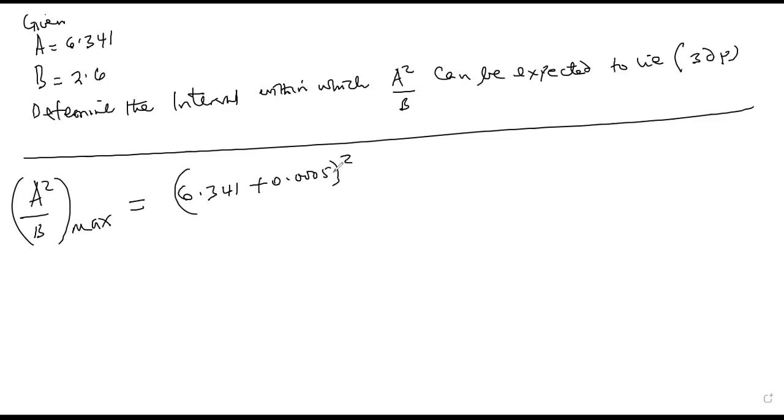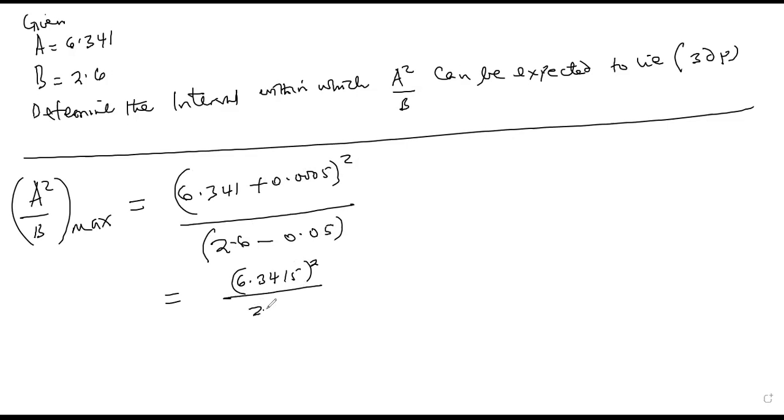Then b should be minimized, that is 2.6 minus 0.05. So this is going to give you 6.3415 squared over 2.55, and this is going to give you 15.77044. That is the maximum value.